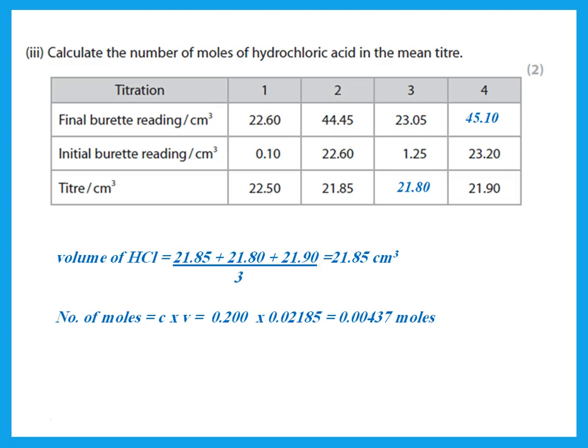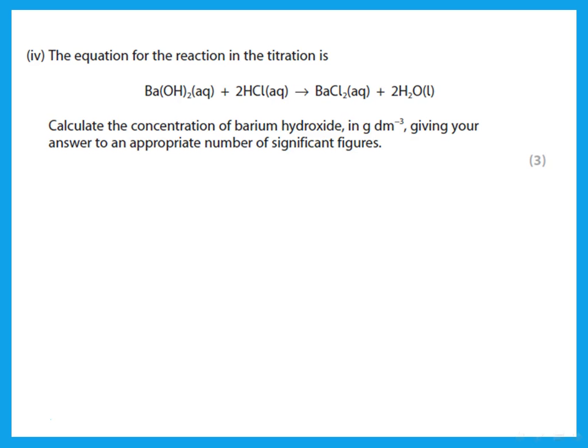The number of moles of the HCl would be the concentration times volume. In the question, he tells me that the concentration of the HCl was 0.2, and the volume, you remember, we should divide by 1,000. It needs to be in decimeter cubed. That gives me a number of moles of HCl of 0.00437.